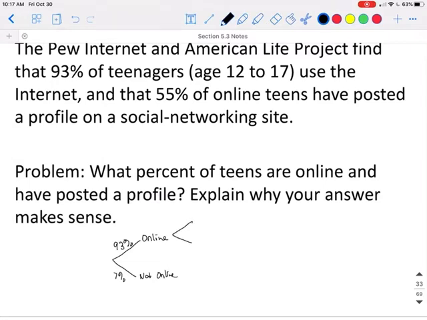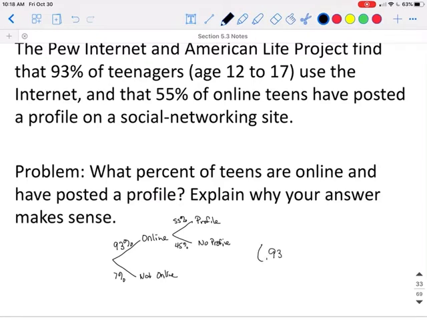Now, of the students who are online, we know that 55% of them have posted a profile on a social networking site, which means that 45% of them have no profile on any social networking sites. So what percent of the teens are online and have posted a profile?